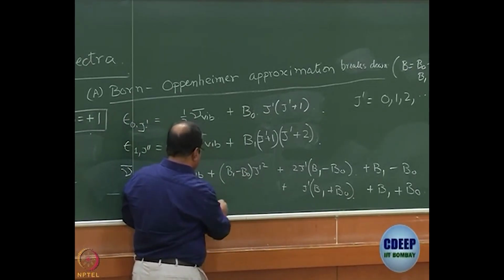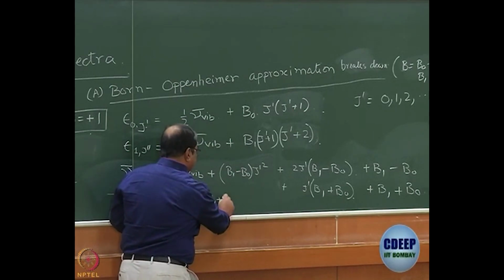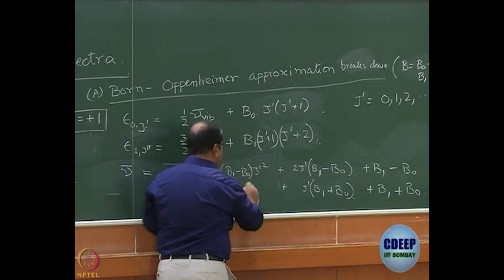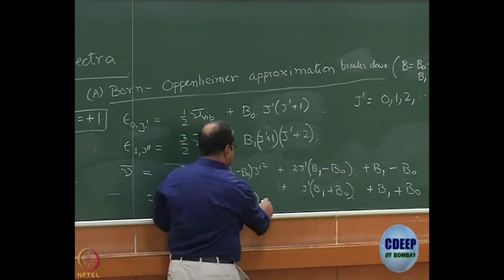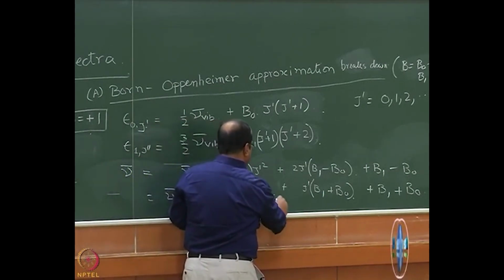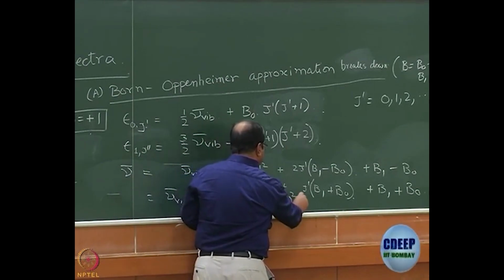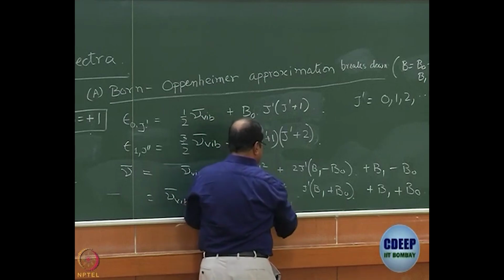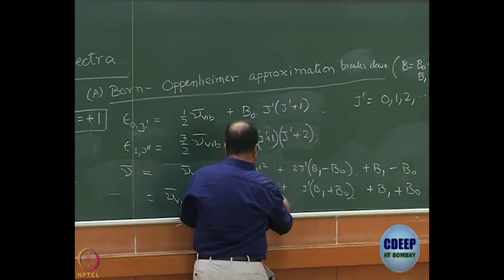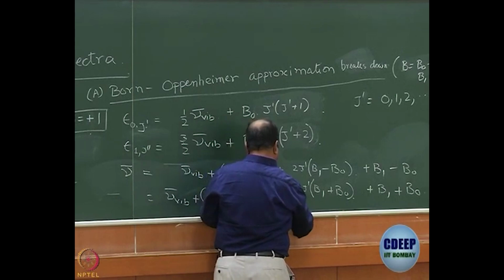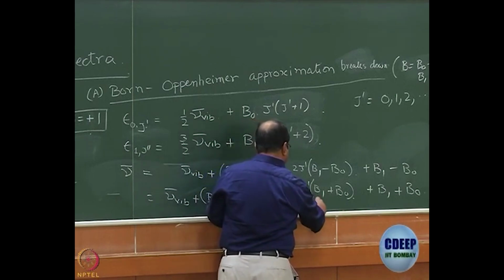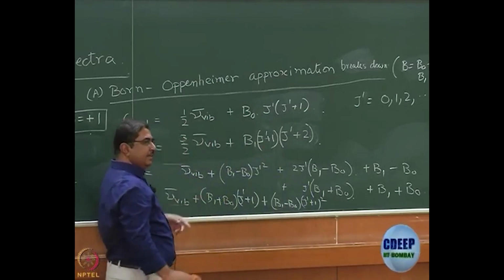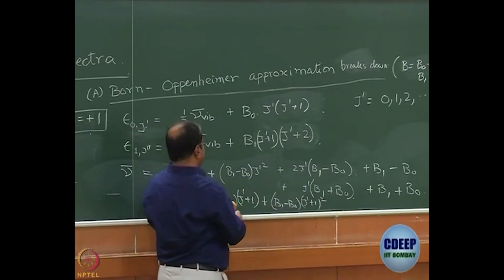So, what I can do is I can write it like this, B1 plus B0 into j dash plus 1 and plus B1 minus B0 multiplied by j dash plus 1 whole square. I have written it in a little strange manner anyway. Does it make sense? Maybe I will write it here.